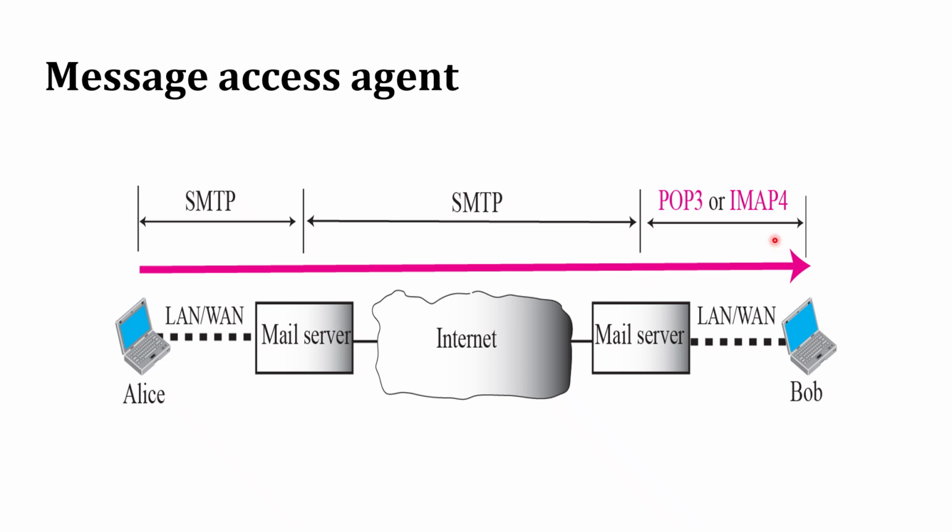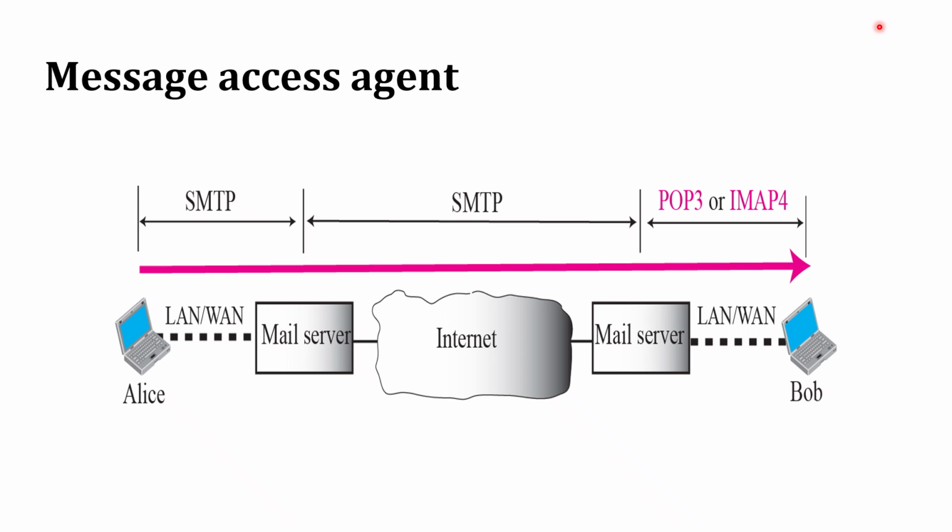The third stage requires a pull protocol where the client actively retrieves messages from the server. Here, the bulk of the message data flows from the server to the client. This stage uses a message access agent which enables the client to access and download messages.